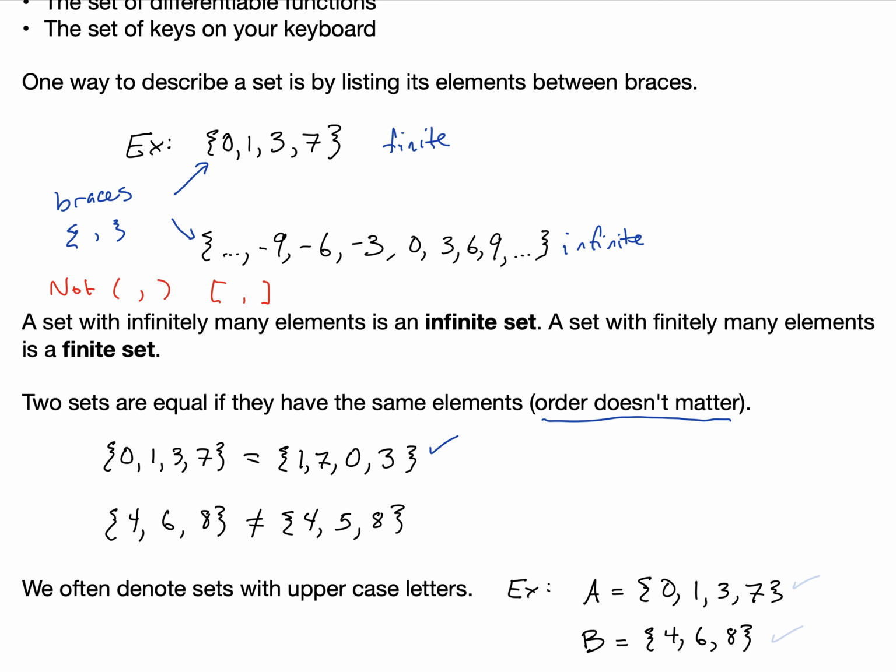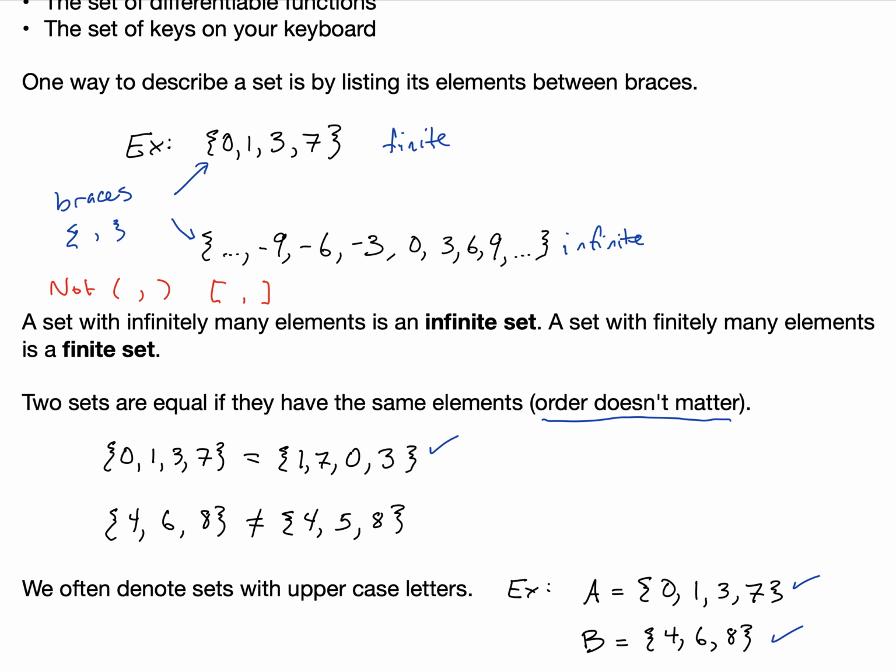We often denote sets by uppercase letters. So we might say, let A be the set 0, 1, 3, 7, and let B be the set 4, 6, 8, the set containing the elements 4, 6, and 8. Then we want some shorthand to write things like 3 is an element of A, because we'll write things like that all the time in mathematics.